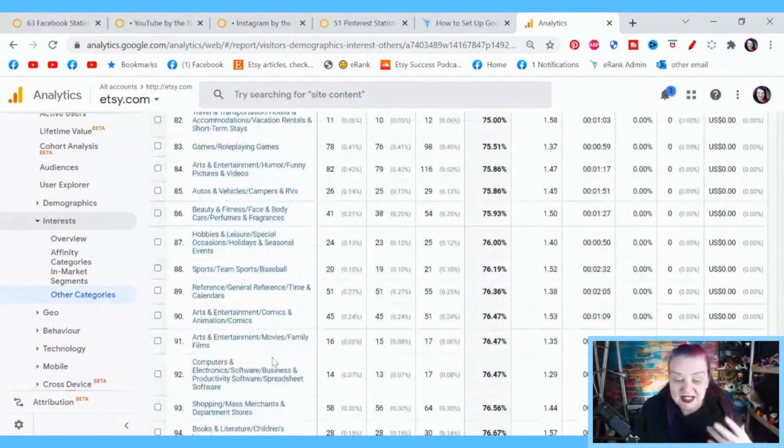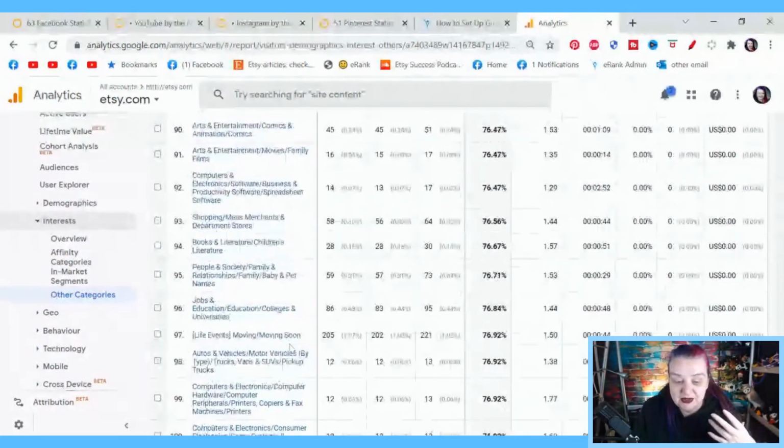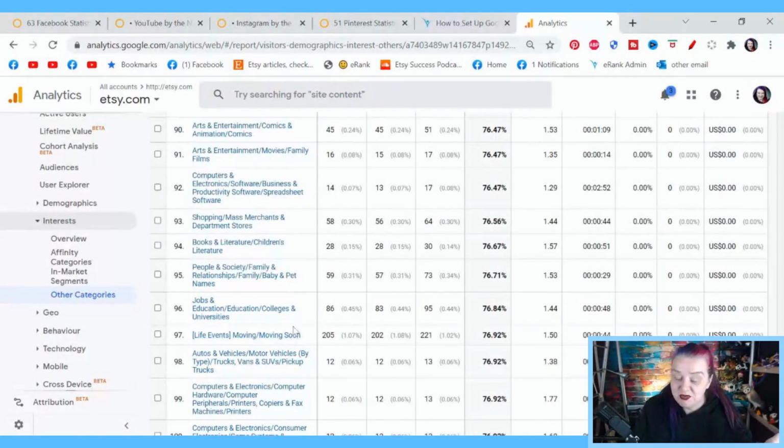So you just want to skim through at a high level, looking at what stands out. Moving soon, people moving house, looking to decorate, looking to get gifts, looking to get goodbye gifts for people. But anyway, you might have some idea of some specific person or group of people that might be liking your items.